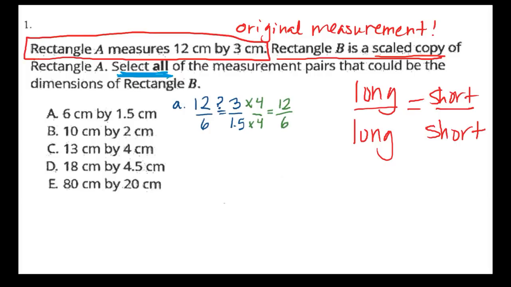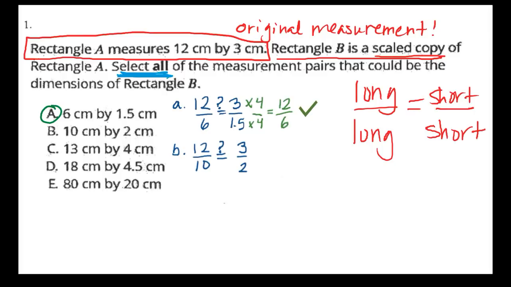I'm going to try to make the 3 over 1.5 become 12 over 6. So if you look, using math, I was able to find an equivalent fraction that equaled 12 over 6 because that equals my original ratio. A is an answer.